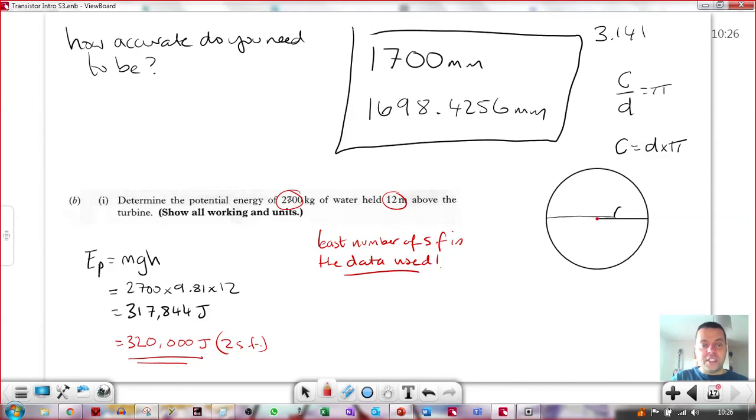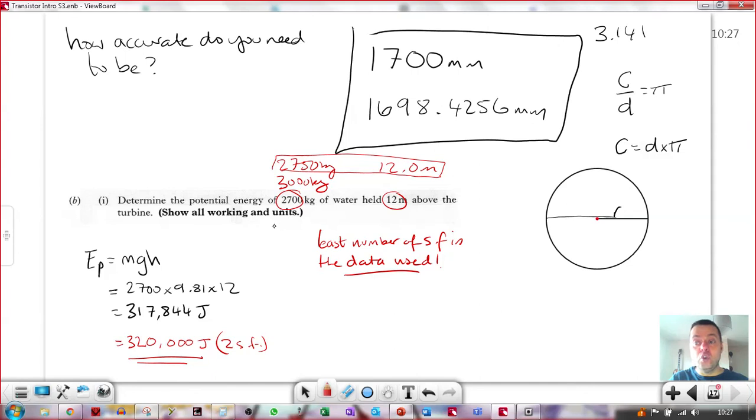If this only had 1 significant figure, if that was given to me as 3,000 kilograms, then I need to round this to 1 significant figure and it would be 300,000. If that was given as 2,750 kilograms and 12.0 meters, they're all 3 significant figures, and 9.81 is 3 significant figures. That means we've rounded to 3 significant figures, so it would be 318,000.